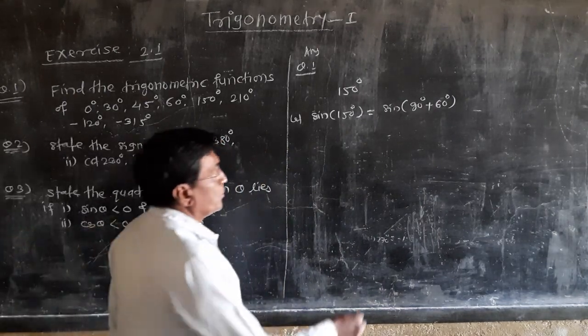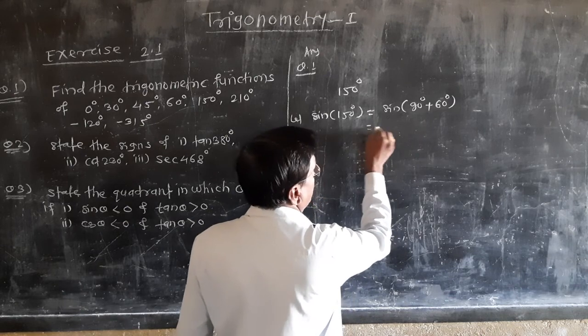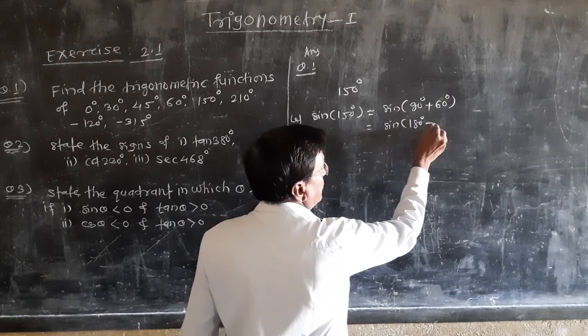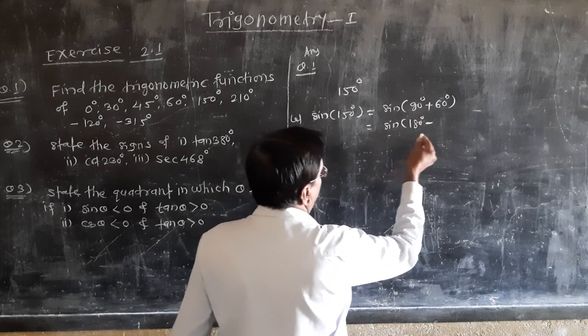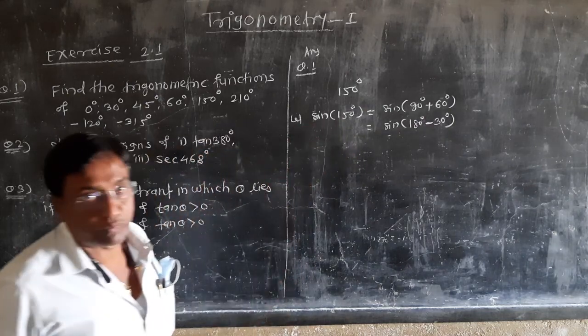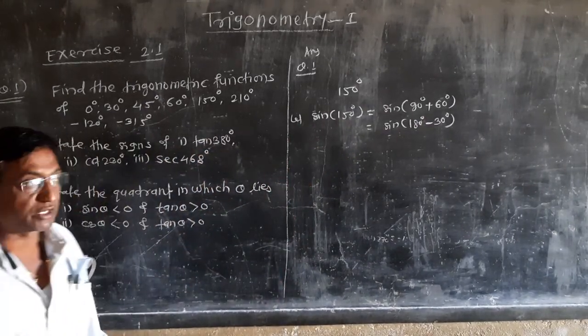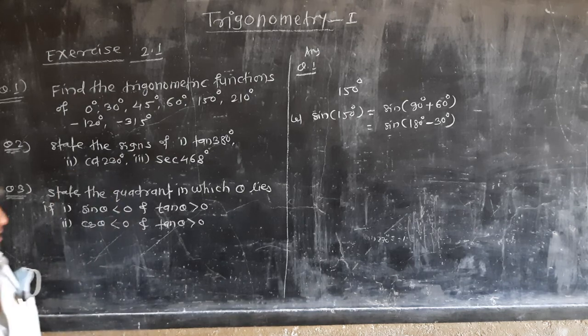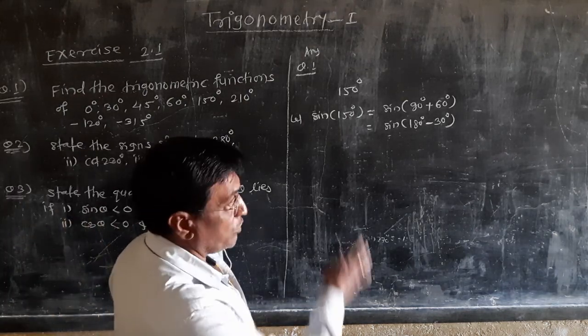Otherwise, sometimes we can use sine of 180 degrees, the next quadrantal measure, then minus 30 degrees, and this total will also be 150 degrees. So 150 degrees can be split as a sum or difference, using the standard measure and the quadrantal measure, and I will express it like this.